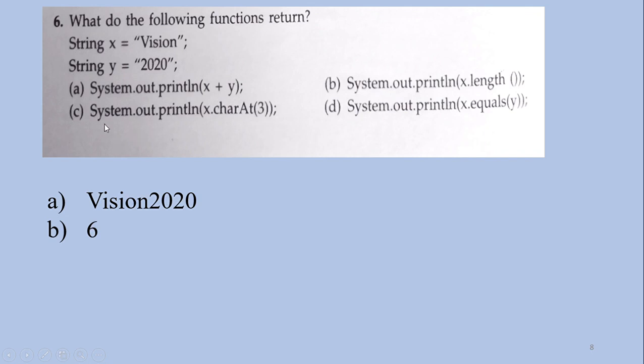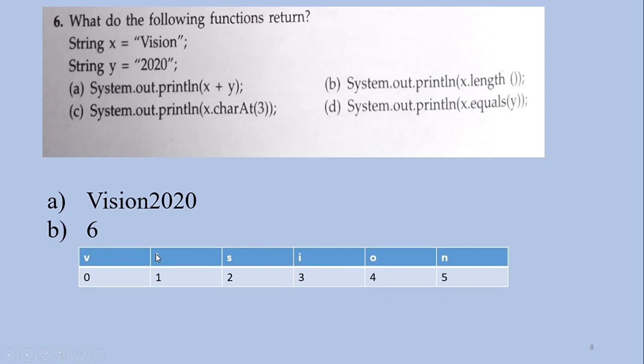What's your third question? System.out.println x.charAt(3). Now what is this charAt function? I have told you during the class, charAt means character at which position? At the third position, at the third index number. So what is the next step you have to do? Immediately you have to draw a box and write the index numbers of the string x. So how did I do it? See, I have done it like this.